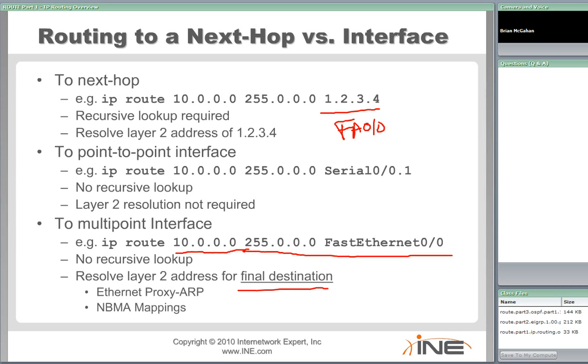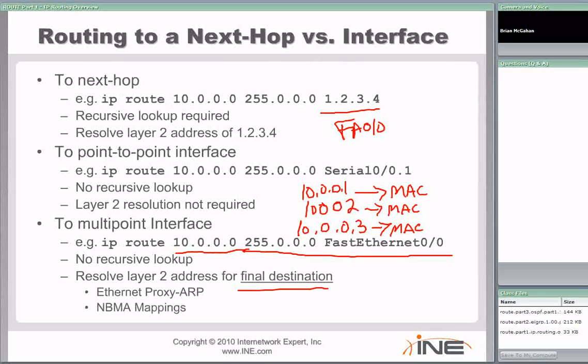Now, what this means is that if we are going to the destinations 10.0.0.1, 10.0.0.2, and 10.0.0.3, we need to have 3 individual resolutions for the MAC addresses of these devices. So either we would have to ARP for them directly, or we would have to use some sort of workaround like proxy ARP on Ethernet.